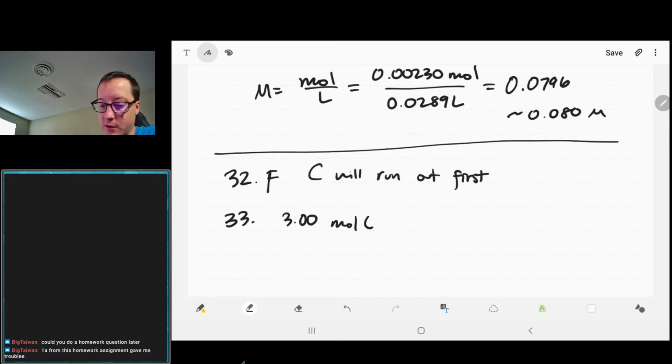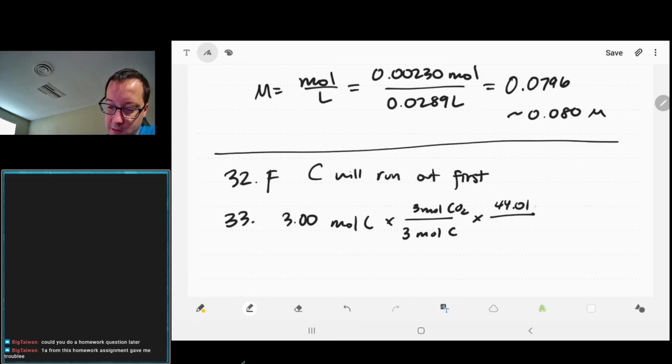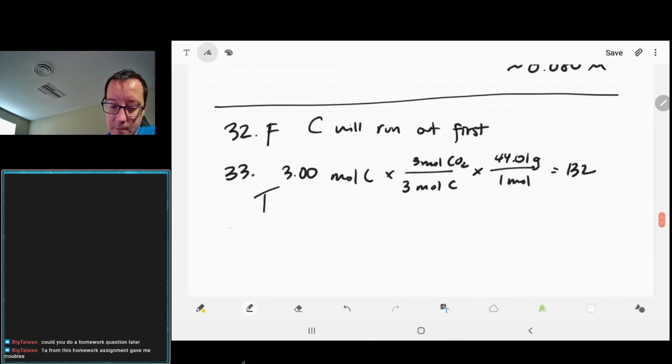We have a coefficient of 3 for both carbon and CO2. CO2's molar mass 44.01 grams, 1 mole. Do it just, okay, I'll actually do it. 3 times 44 is 132. Right, so that's true.